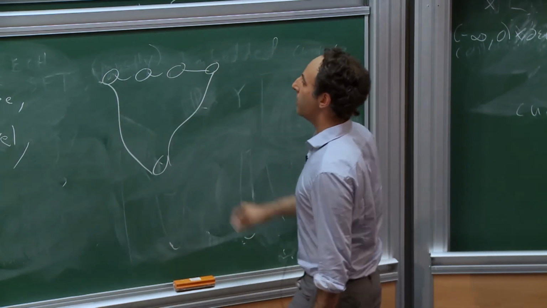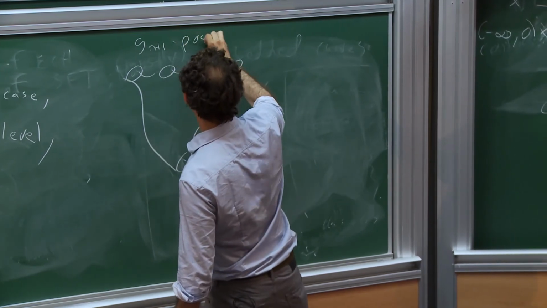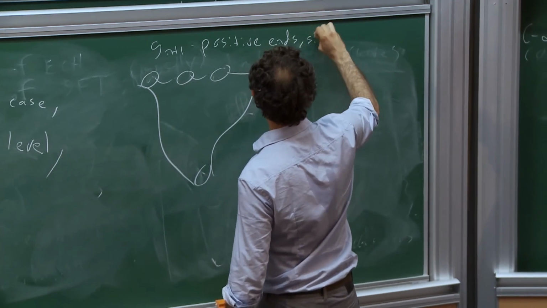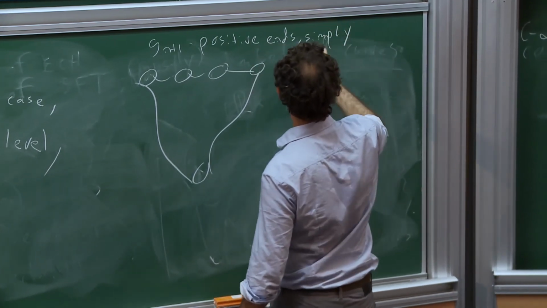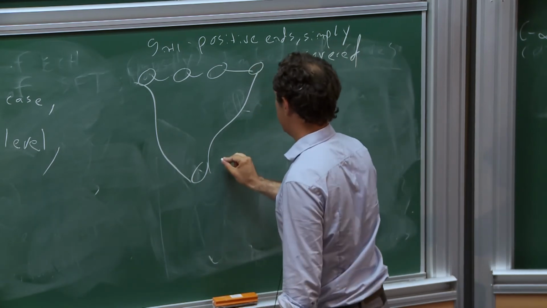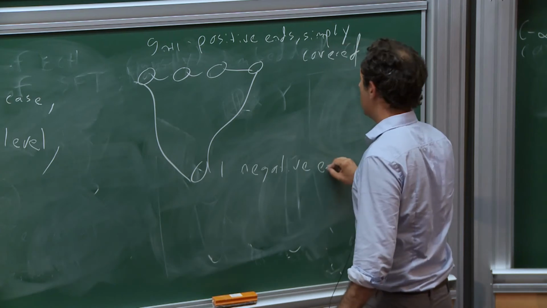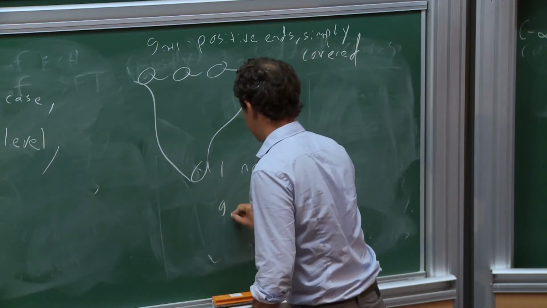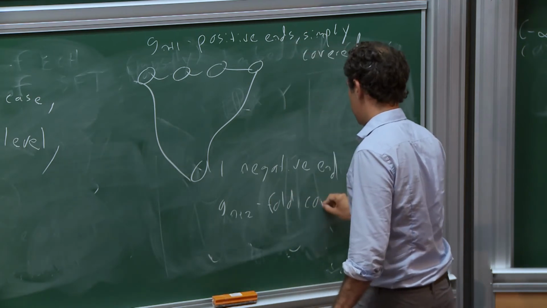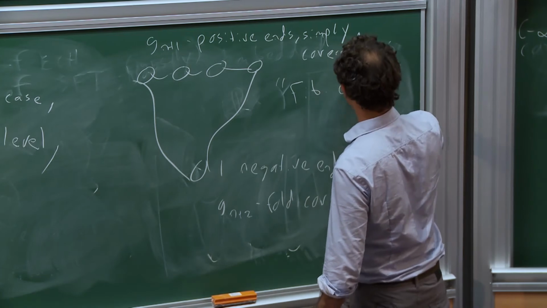So there's gn plus 1 positive ends that are simply covered and 1 negative end, which is a gn plus 2-fold cover. So you should think of this as the, quote, Fibonacci curves.